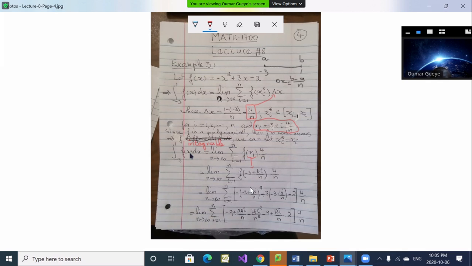Now I'm going to expand the first bracket, taking into account the negative sign in front of this bracket. So I'll get -9 plus 24i over n minus 16i squared over n squared. And I'm going to open the second bracket, and it becomes -9 plus 12i over n, and just copy the last term.